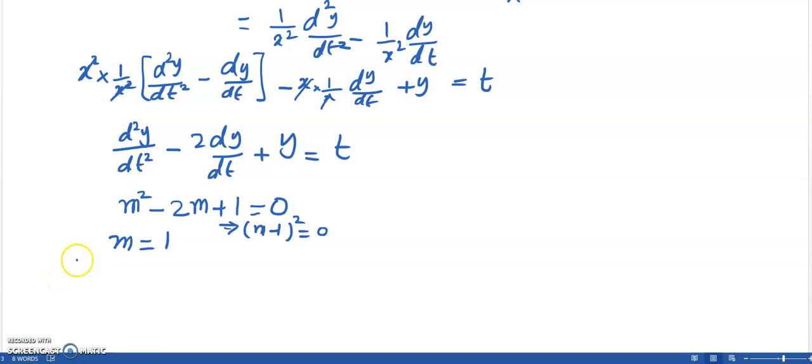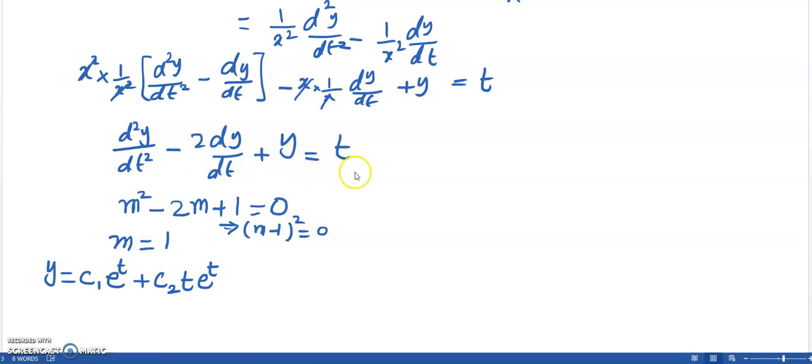So the solution will be c1 e power t plus c2 t e power t. This is the solution for the homogeneous part.